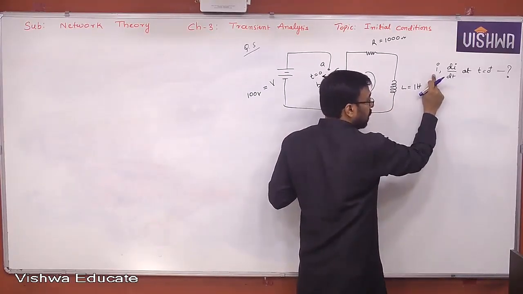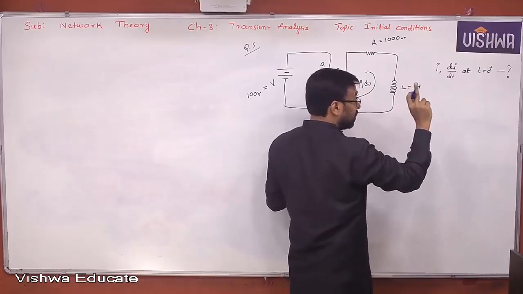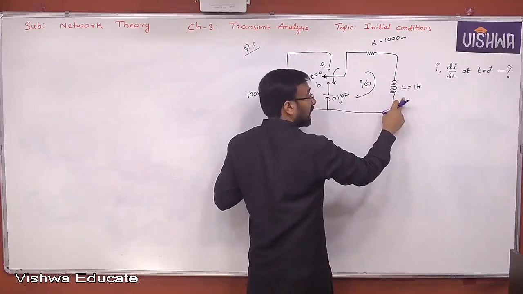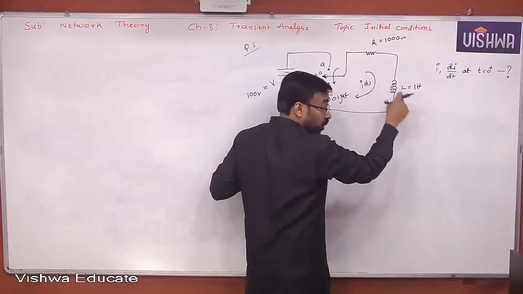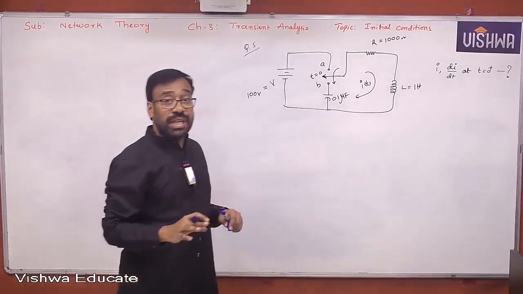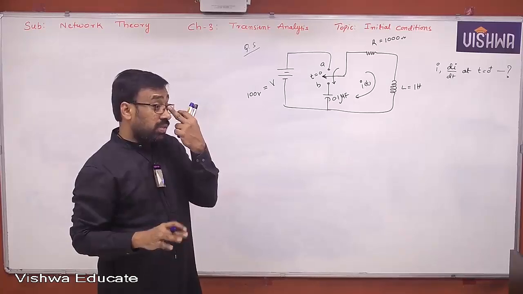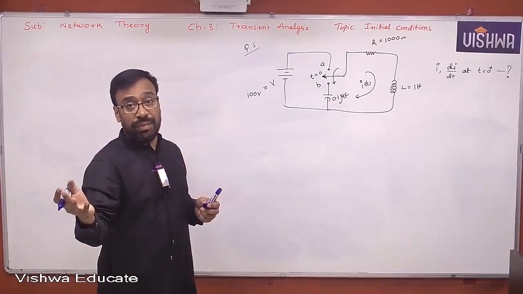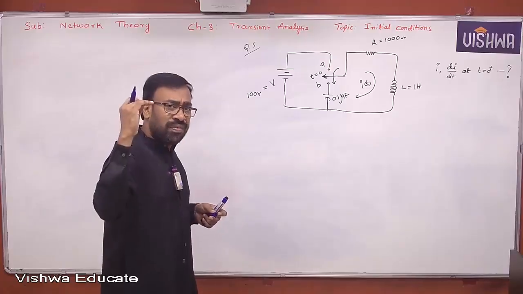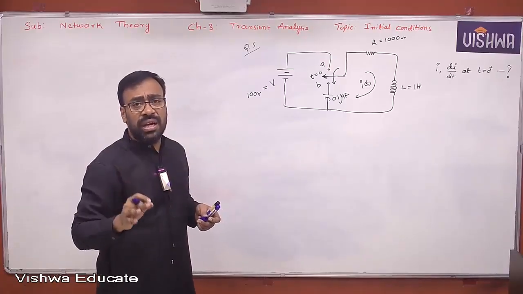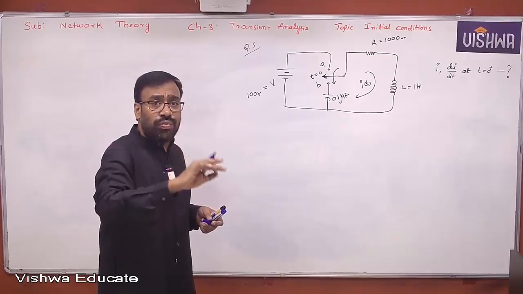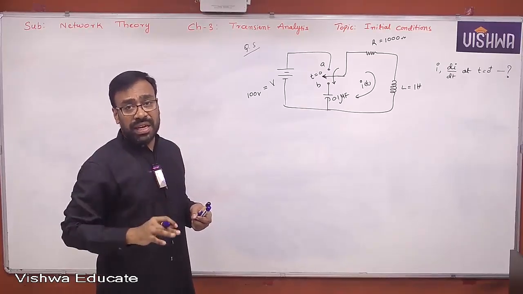I. What is I first? I is current through inductor. You can ask me, sir, current through resistor, but I told you already, when a resistor is connected in series with the inductor, current through resistor will also follow the similar behavior of the current through the inductor. As a matter of fact, any element which is in series with the inductor has to follow the current of the inductor only.